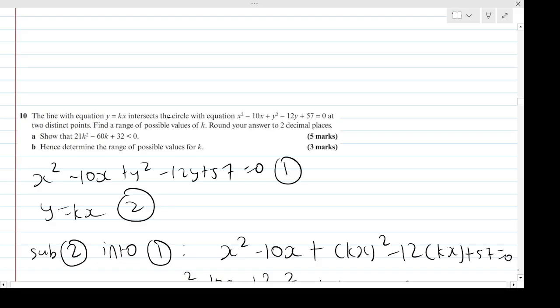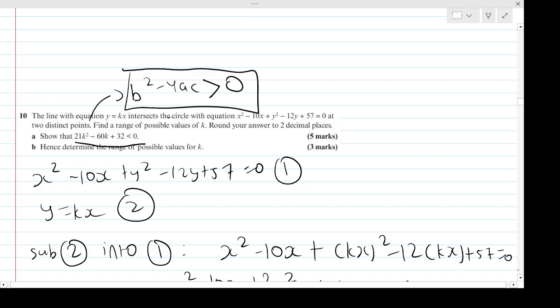Well, what does that mean? 2 distinct intersections means 2 solutions to the quadratic, right? That would mean b squared minus 4ac has to be above 0. And for part A, we need to get to this inequality here. Well, this is an inequality, so that's going to help us.